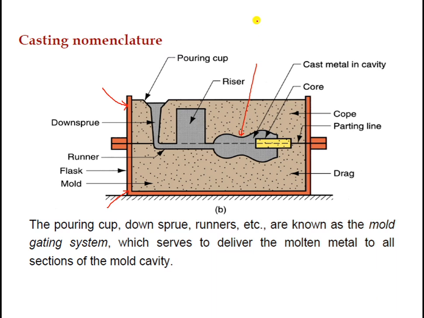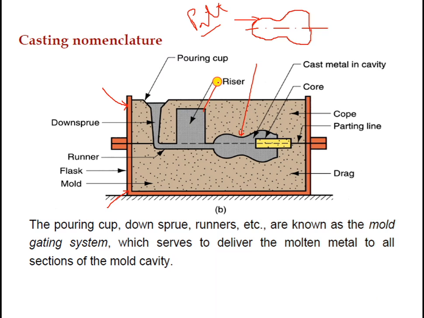For this case, a pattern like this was used for manufacturing this particular component. And this is the center line used to show the pattern. Try to remember this: this is the pattern which is used.